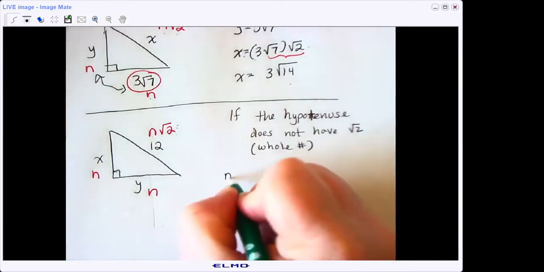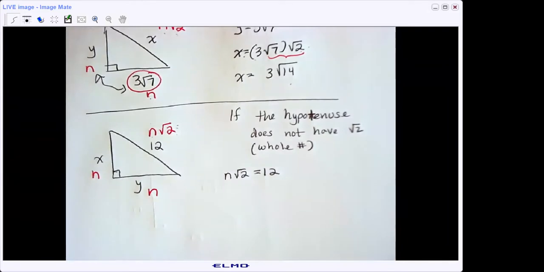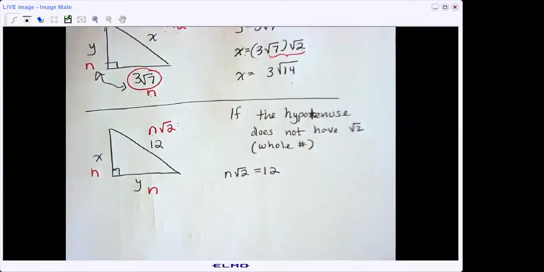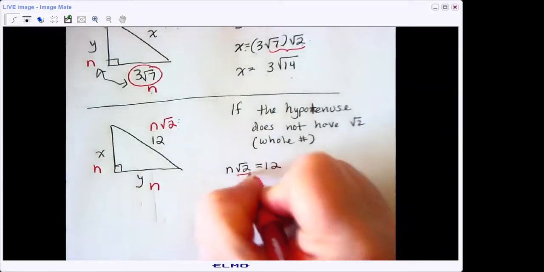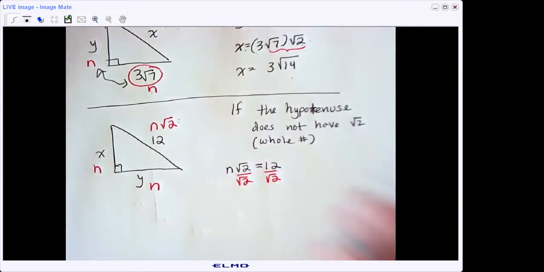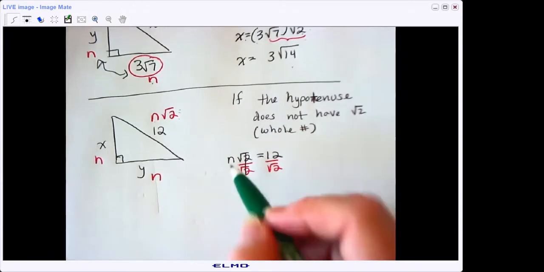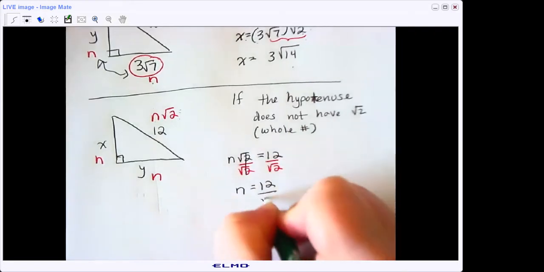So we write n root 2 is equal to 12. But when we solve equations and we want to get the n by itself, we know that this is a multiplication and the opposite of multiplication is division. So we're going to divide both sides by root 2. And now this looks like the worksheet we did yesterday. This is the reason we did it, because now we get n is equal to 12 divided by root 2.